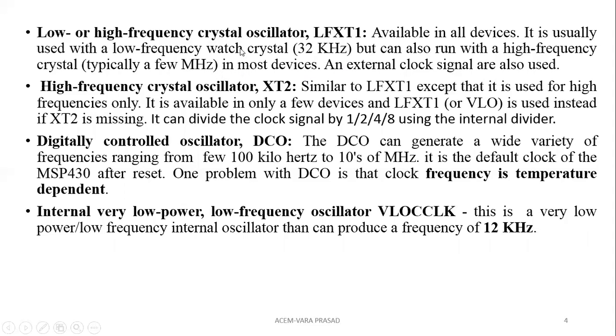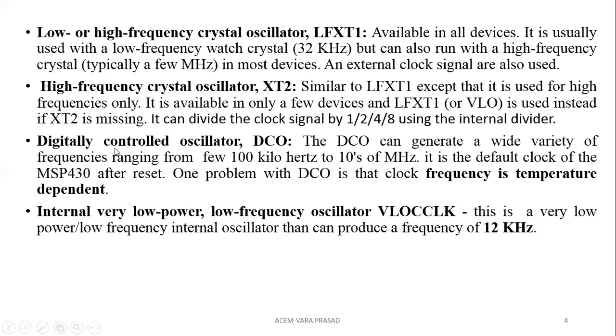Also these frequencies can come from external clock signals. Then XT2: as we already said, XT2 is available only in some systems. If XT2 is not available, you can use a VLO for generating these signals.